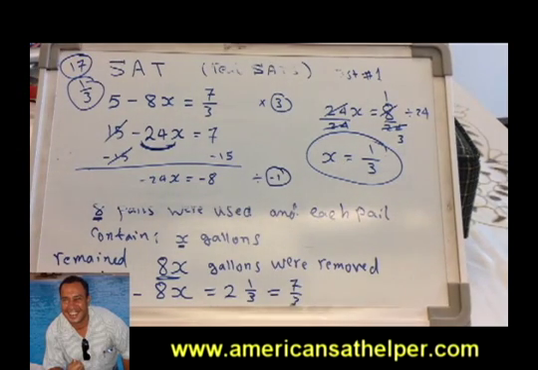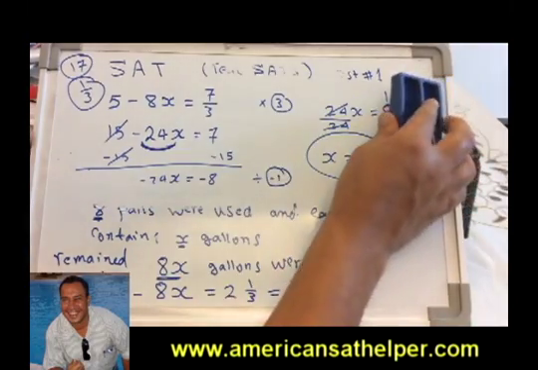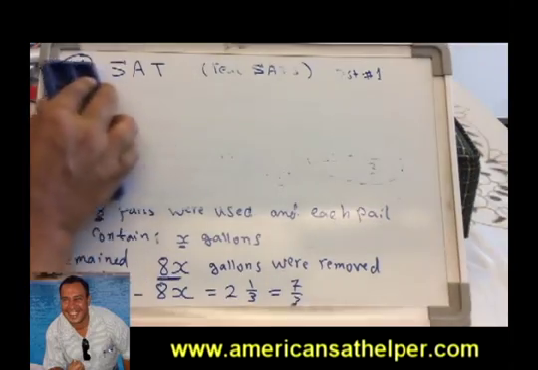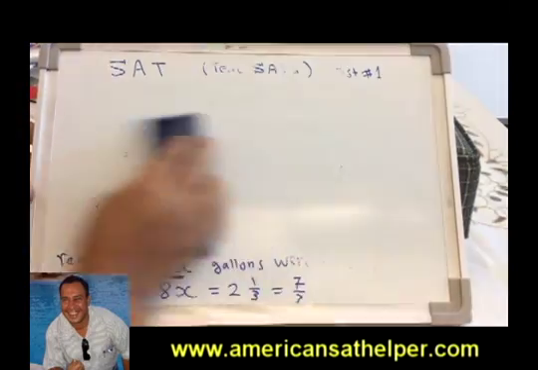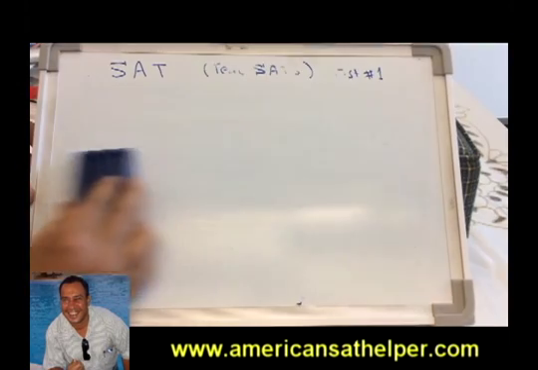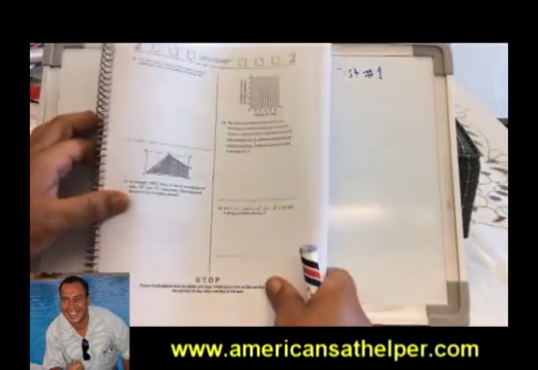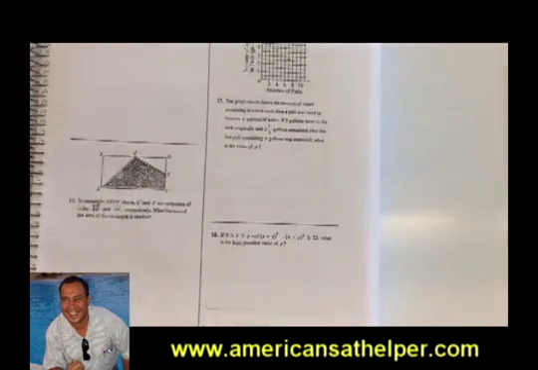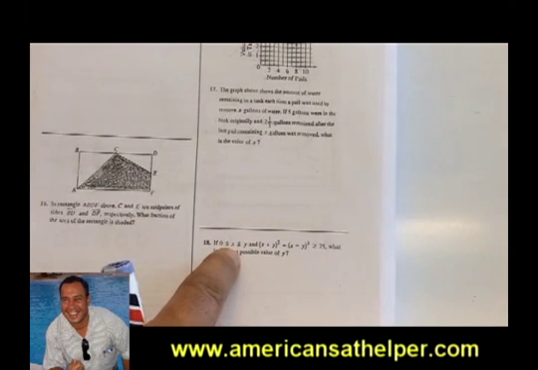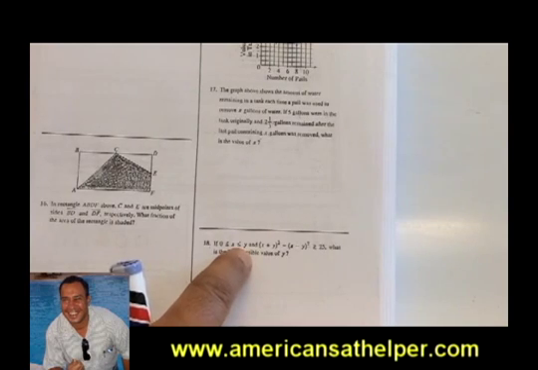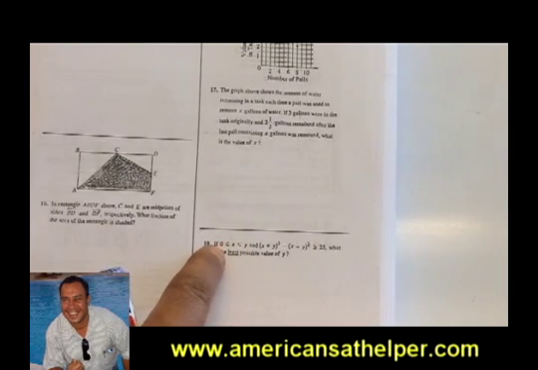Okay. Let's look at problem number 18. Problem number 18 states that if 0 is less than or equal to x, less than or equal to y, or in other words, we can say that y is greater than or equal to x, greater than or equal to 0.